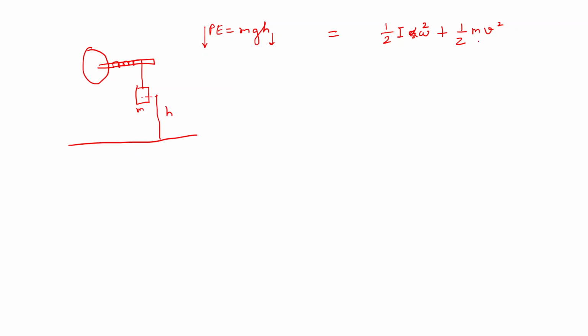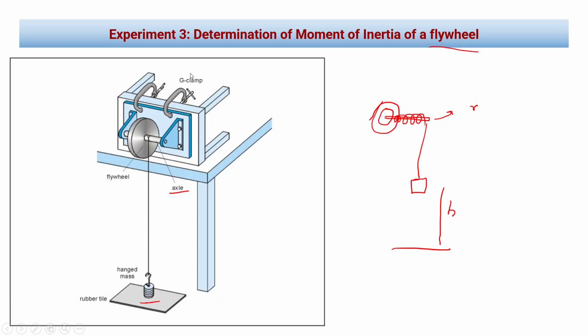body. Also there is one more way in which this energy is getting spent. That is the friction energy. There is a setup here. There is a ball bearing on which this axle or this rod is moving.